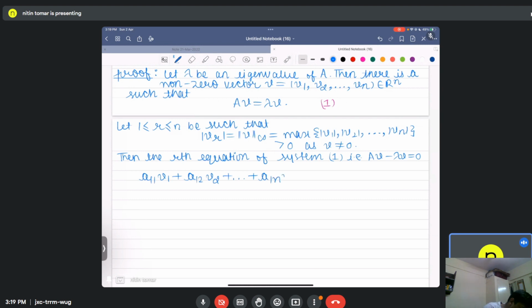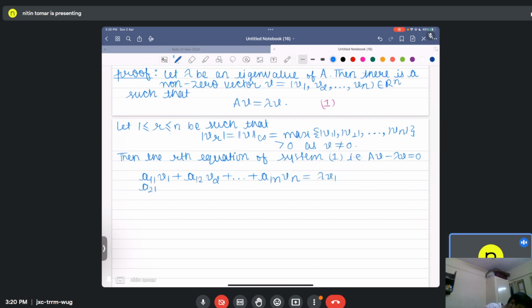You will have A1n Vn, then minus lambda V1. Yes, the first equation will be lambda V1, right?